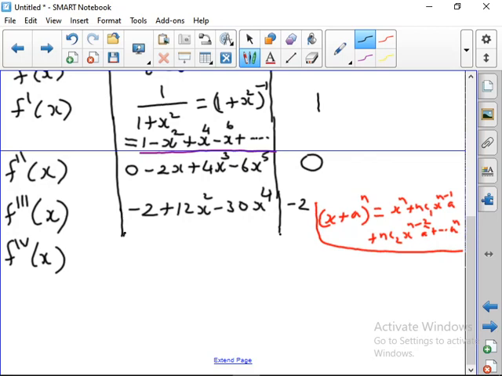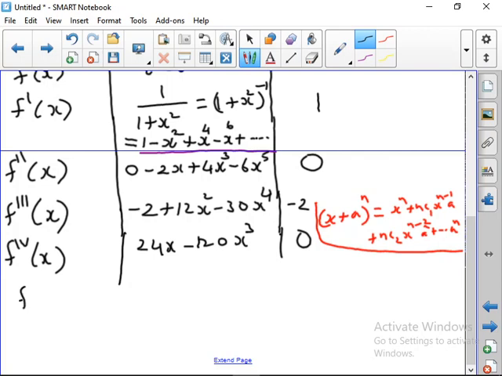So f4 of x, differentiate this again. 12 into 2, 24x, minus 30 into 4, 120, minus 120x cube. Put x is equal to 0, we get 0.